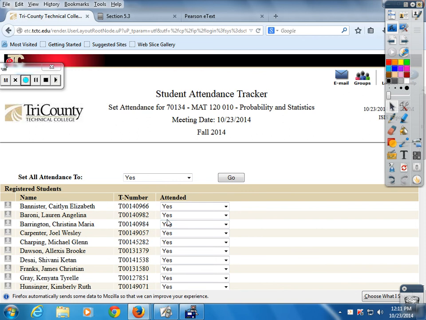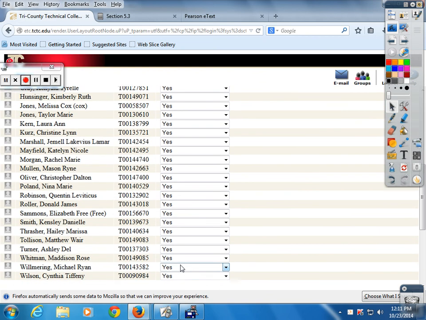Bannister's here, Baroni's here, Barrington's here. Carpenter left. Sharping here. Dawson's here. Desai's here. Frank's here. Gray's here. Hunsinger's here. Melissa and Taylor. Melissa left. You're Taylor, right? Okay. Taylor. Kern is here. Kurtz. Oh, there she is. Kurtz is here. Okay. Marshall. I'm here. Mayfield. Morgan.